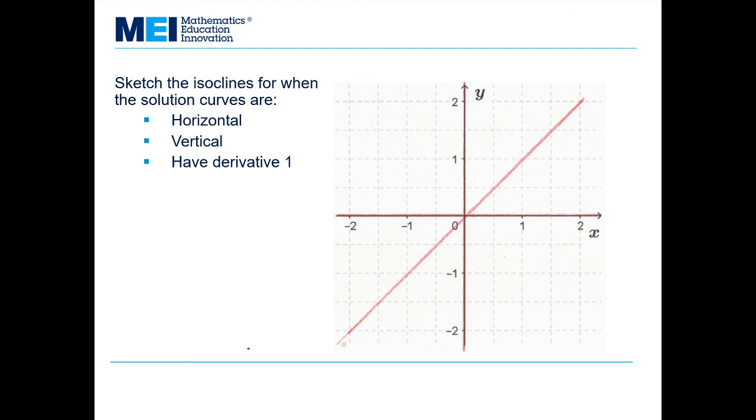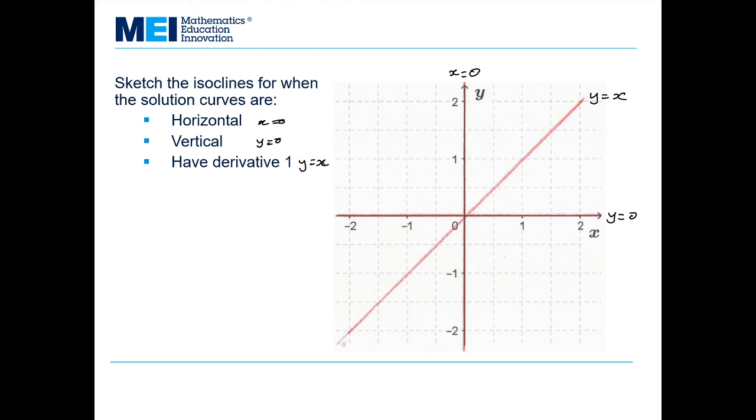So here's my drawing showing those isoclines. So I've got y equals x there, I've got y equals 0 there, and I've got x equals 0 here. So that horizontal gradient was 0 on the line x equals 0. It was vertical on the line y equals 0, and it had derivative 1 on the line y equals x.